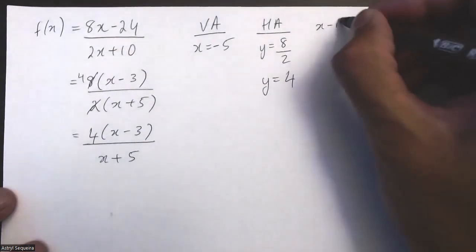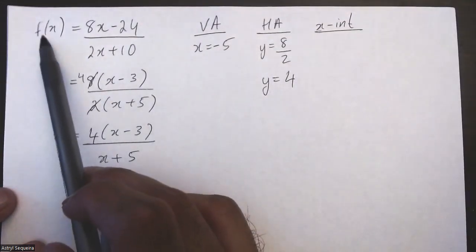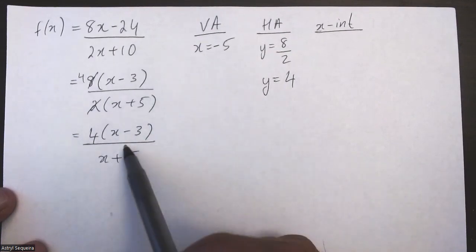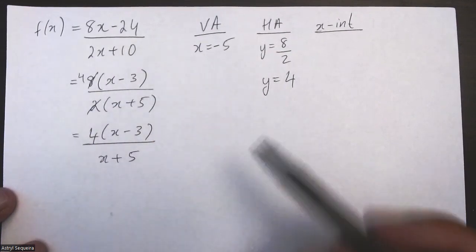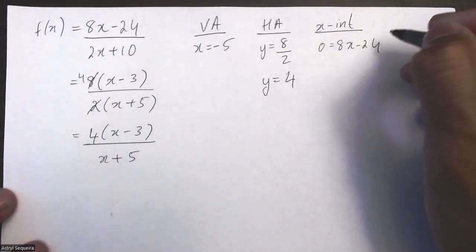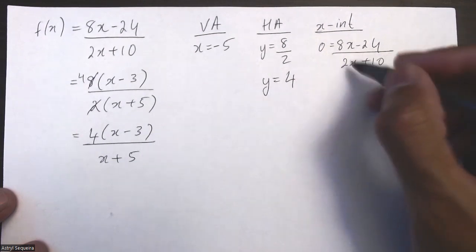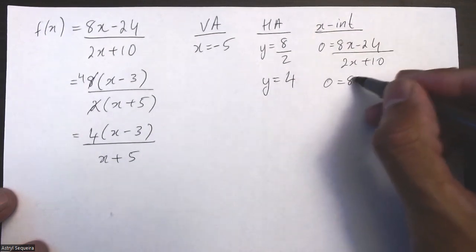Next, I'll do the x-intercept. For the x-intercept, I'm just going to make y equal to 0 and solve this equation. You can use the original or the simplified, it doesn't matter. Just use the original, 8x minus 24 over 2x plus 10. This will all multiply with 0 and disappear.